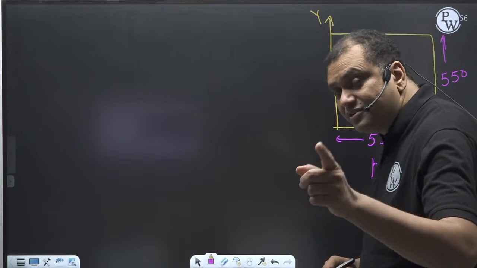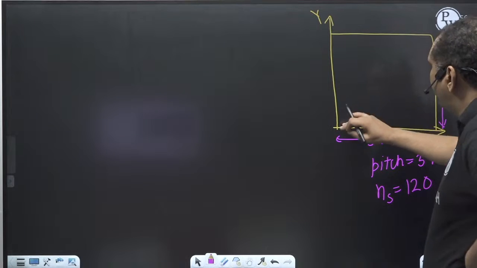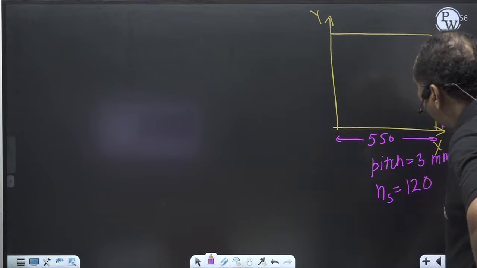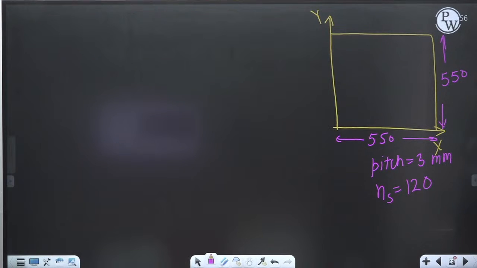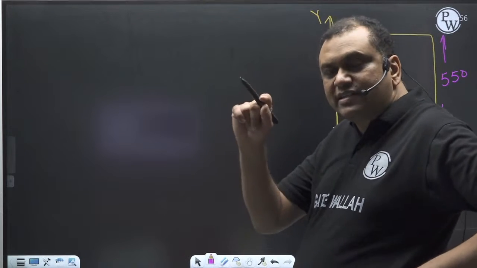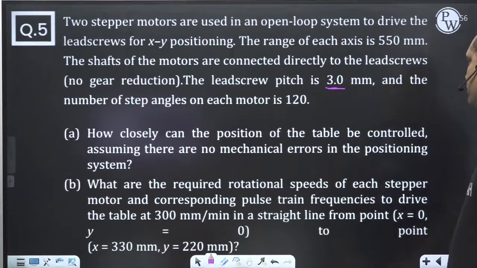For both the motors, the motor moving in the X direction and the Y direction, both have 120 step angles, 120 slots, and the pitch is 3 mm. The stepper motor is connected to a lead screw and that pitch is 3 mm. So this is the data given.